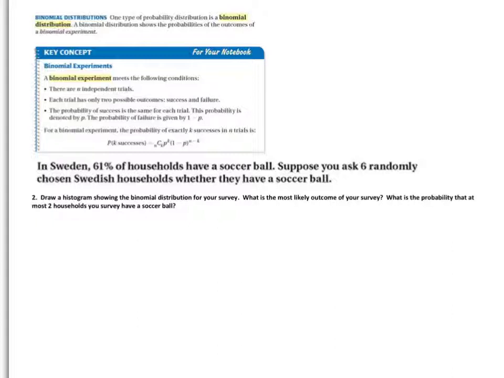Okay, so it says draw a histogram showing the binomial distribution for your survey. Okay? So let's make a little histogram up here. And we're going to have options of 0, 1, 2, 3, 4, 5, 6.